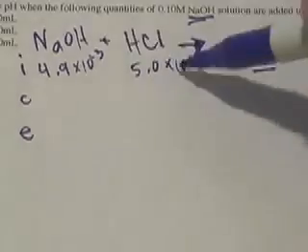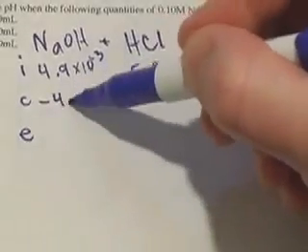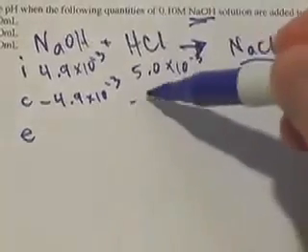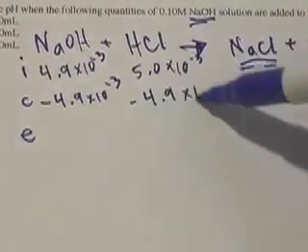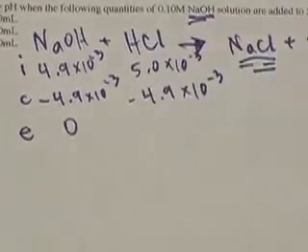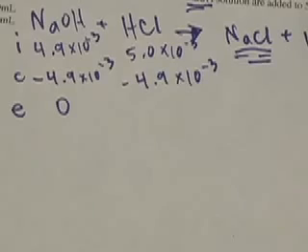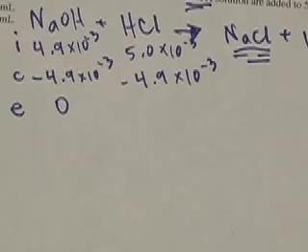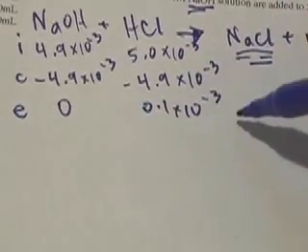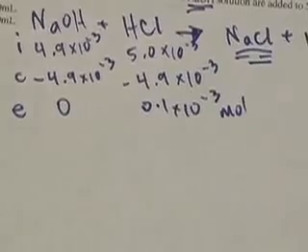So there's less NaOH than HCl, so we'll lose 4.9 times 10 to the negative third of this and an equivalent amount of HCl. Lose 4.9 times 10 to the negative third, and so at the end we end up with no NaOH left. And as far as HCl goes, we have 0.1 times 10 to the negative third moles of HCl remaining.